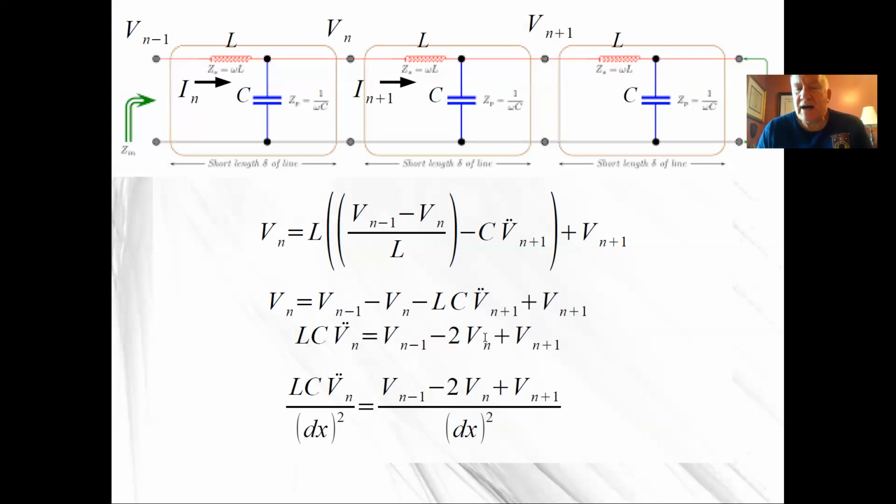And then I'm going to divide both sides by the length squared, so that's dx squared. Well, on this right-hand side, what this becomes is the second derivative of V with respect to x.